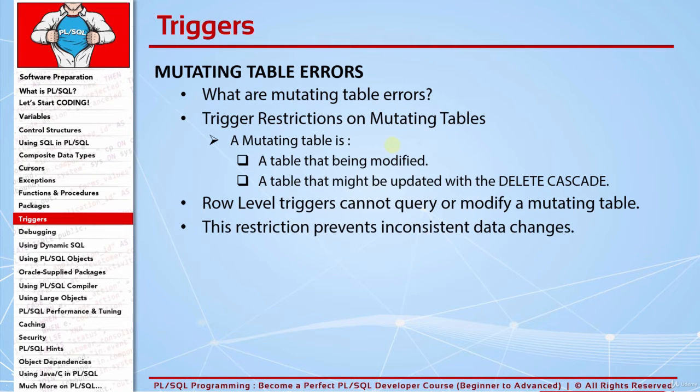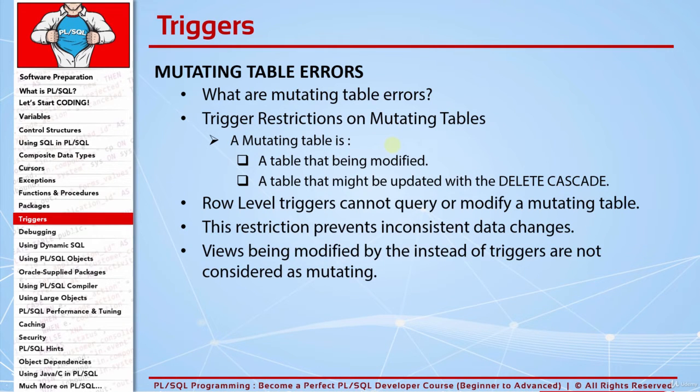This restriction prevents inconsistent data changes. Since the data in that table has a change, and any explicit change will make the data inconsistent, this restriction prevents the inconsistency of that data. Views being modified by the instead of triggers are not considered as mutating. Since we do the modification inside of the instead of trigger, this is not considered as mutating.